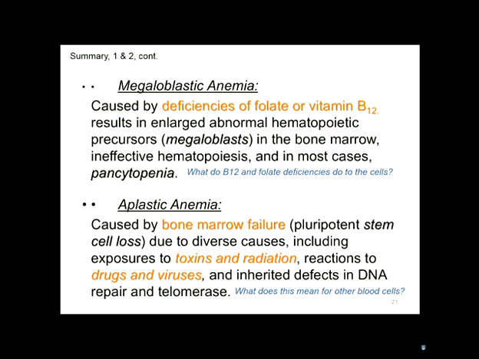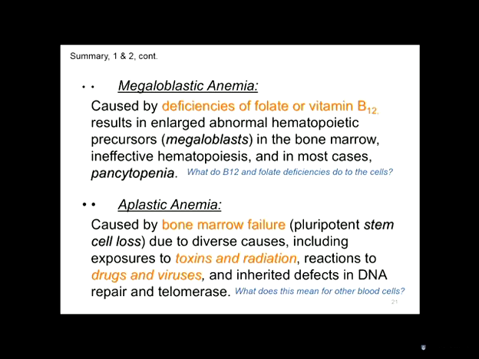Okay, but when it comes to megaloblastic anemias, the reason they got their name is because the cells are large and they are less well differentiated. Most of them have to do with deficiencies in folate and vitamin B12. There are many different ways not to have enough vitamin B12.